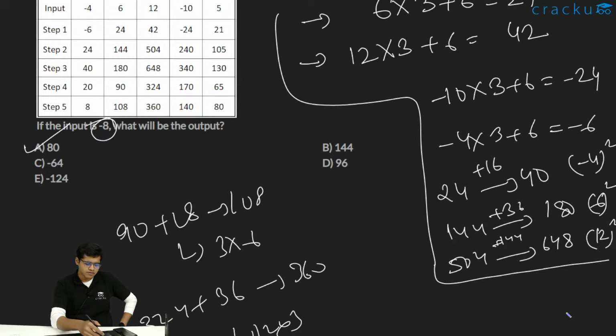What is 36? 36 is 12 3s. Then 65 plus 15 is 80. What is 15? 5 3s. So basically whatever the step 4 value, if we add 3 times the input, we will get step 5, right? That is the logic. I hope it is clear, Somil.